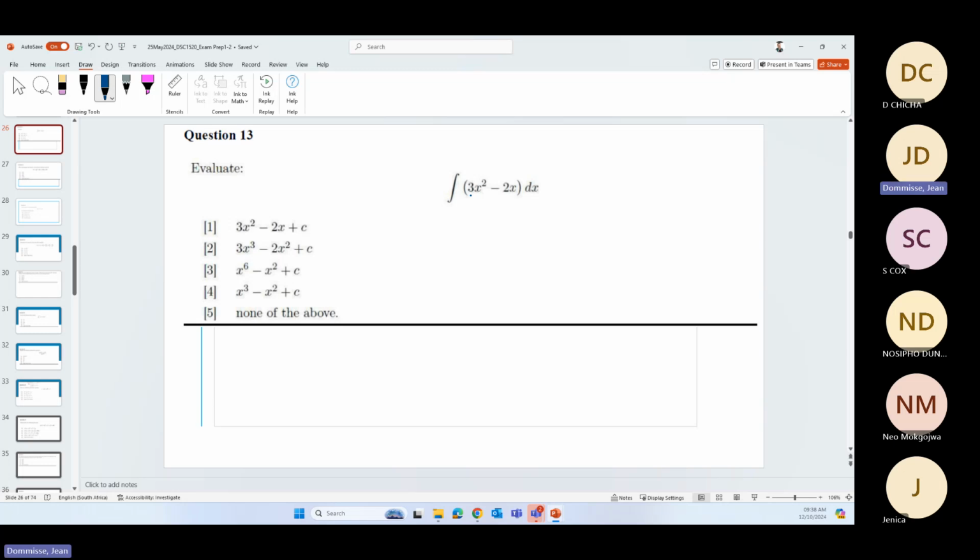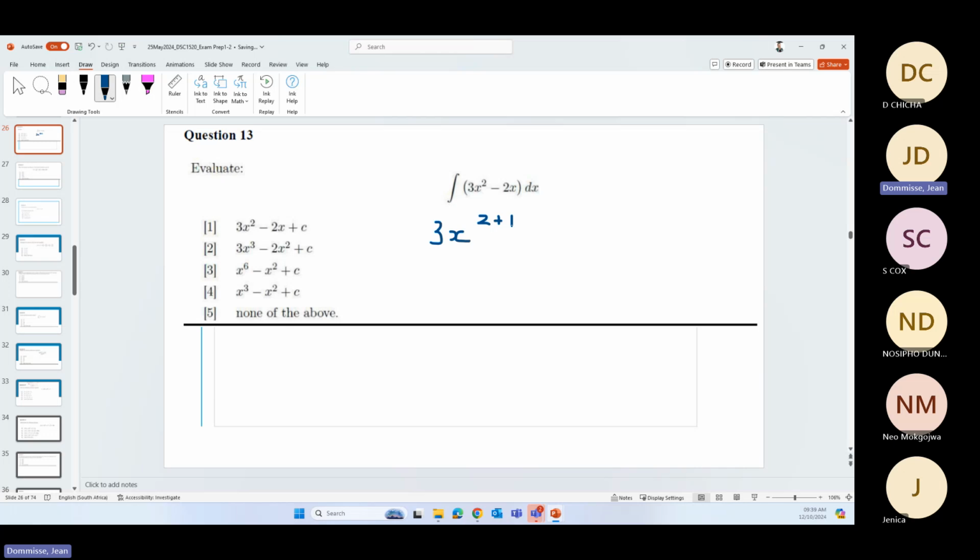Sometimes it's just a blank, where you then just need to think again, okay, how do I actually do integration? So remember, integration is the one where we change the exponent by adding one.